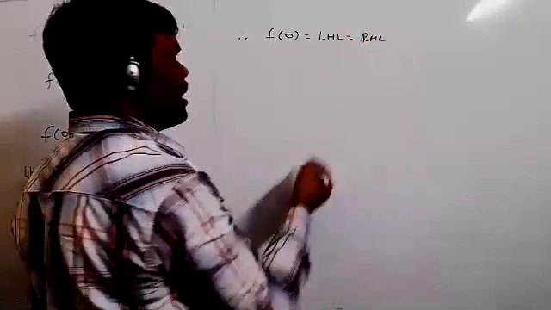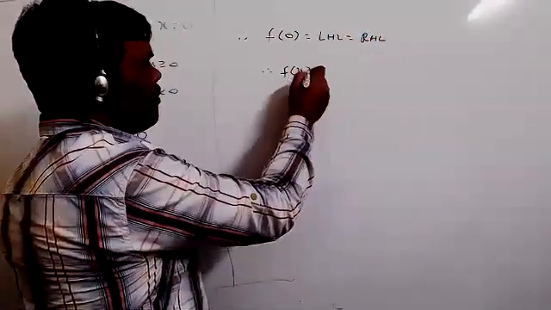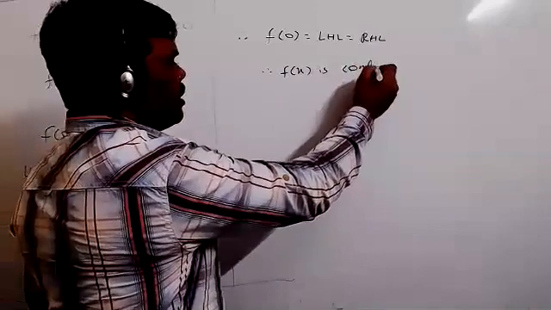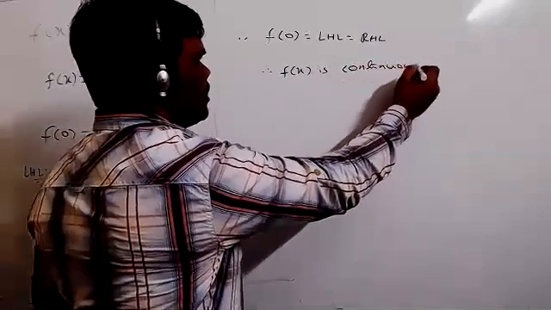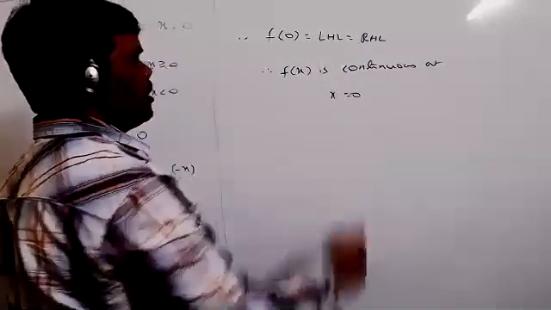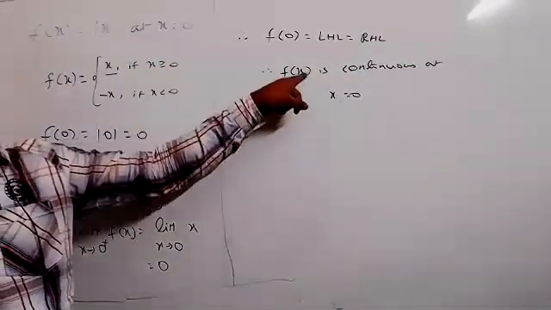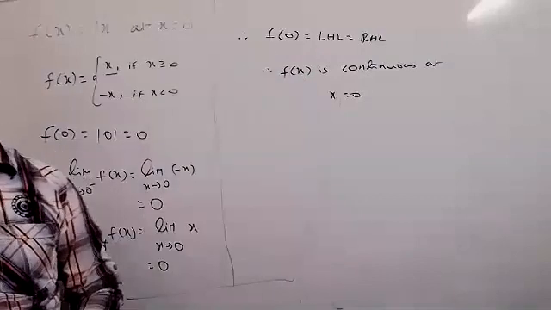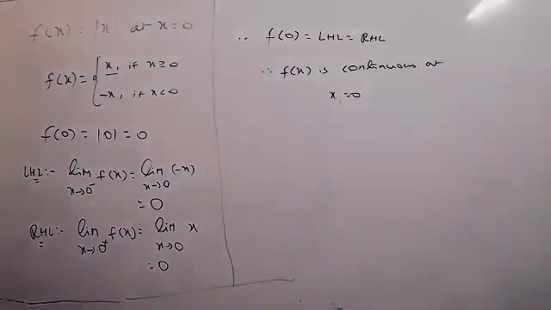Therefore, f of x is continuous at x equal to 0, where f of x equal to modulus of x. Okay, very easy problems, but we have to write clearly.